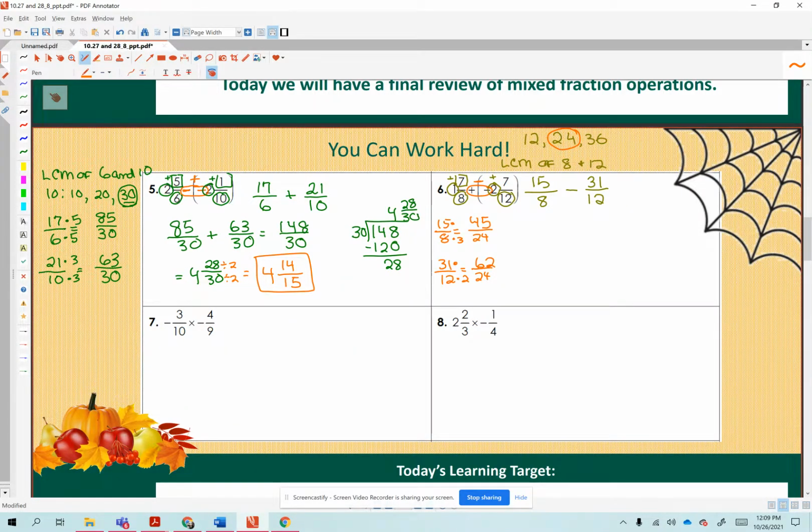So now I'm ready to subtract. I will rewrite these: 45 over 24 minus 62 over 24.